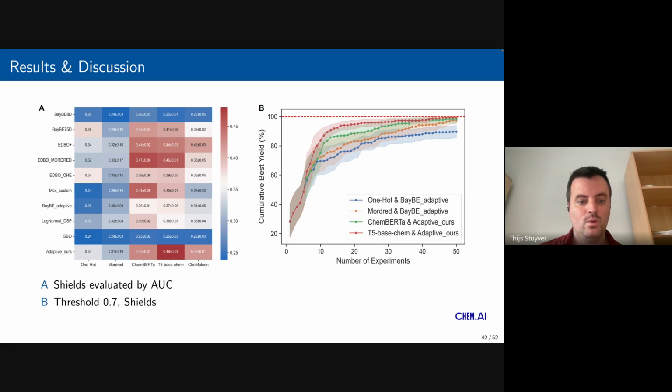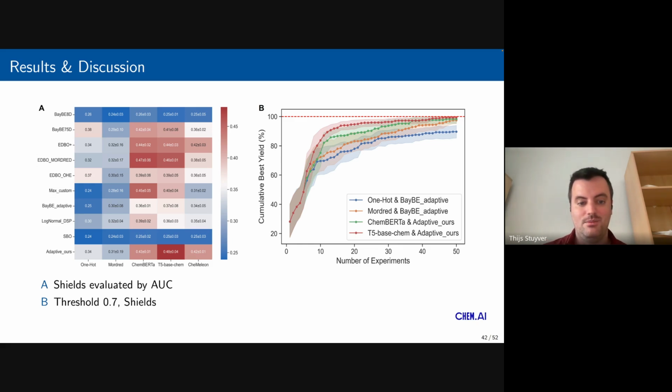And so what you see is that you need a lot of experiments to get beyond 80% yield, and you basically never get beyond 85, 90%. If you compare that to T5 Basecam and our adaptive hyperprior, then you see that you reach a maximum much faster. So we climb much faster in the beginning.